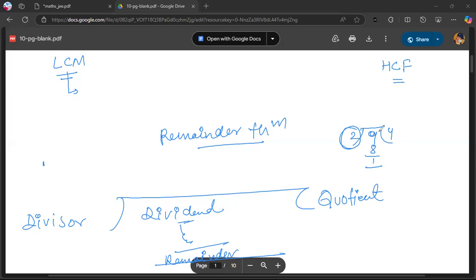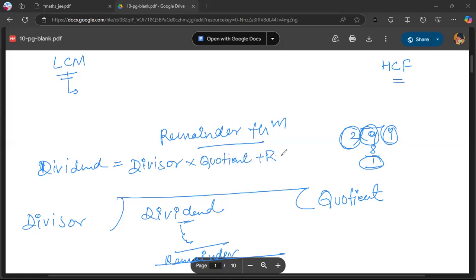So we solve this. 2 is what? 2 is the divisor, sir. Yeah. 9 is what? Dividend. 1 is what? Remainder. What is this? Quotient. Even I don't know that, let's leave that. So dividend can be written as divisor into quotient plus remainder.